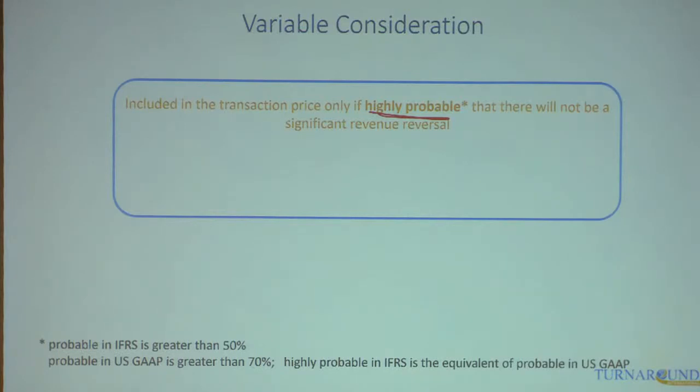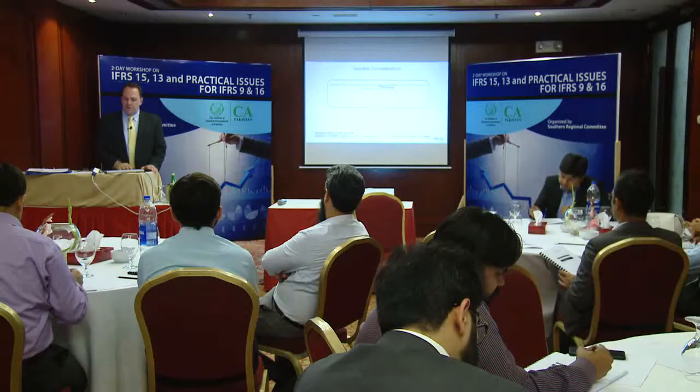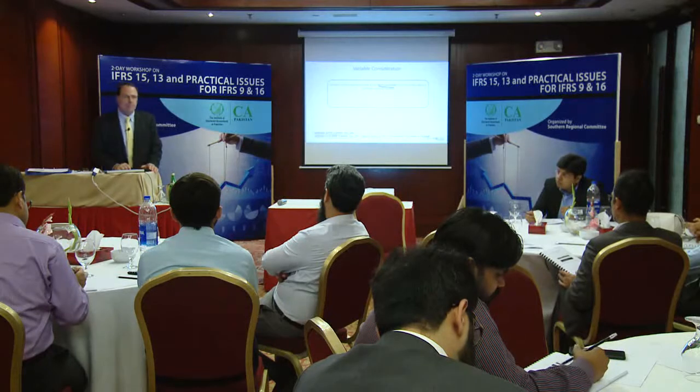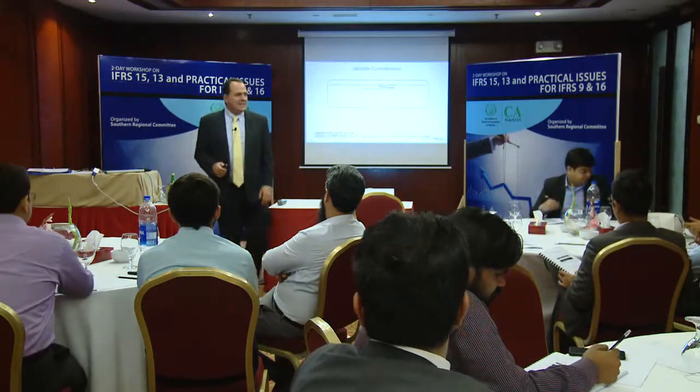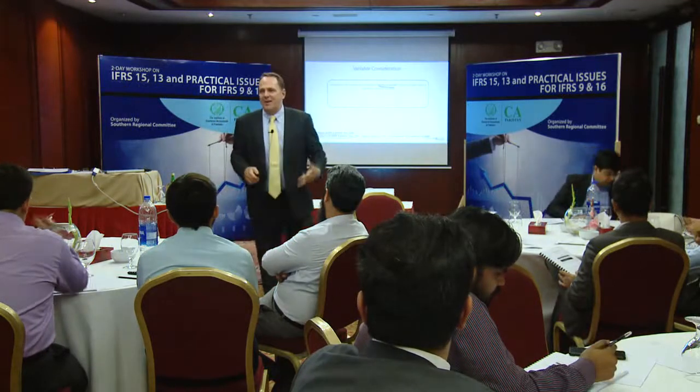So again, in IFRS, probable is over half. In US GAAP, it's over 70%. Highly probable is a term only in IFRS, which is the same as probable in US GAAP. So if you think about this for a second, it's going to bring in a lot of estimation, right?